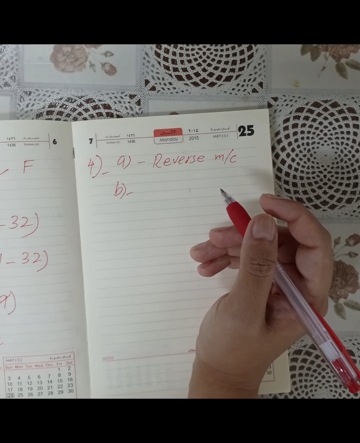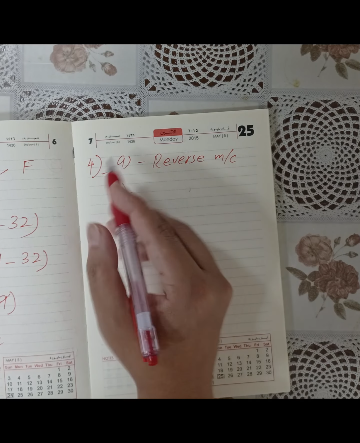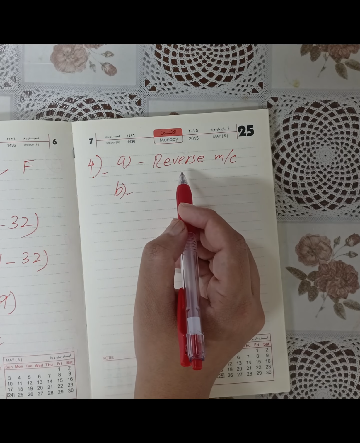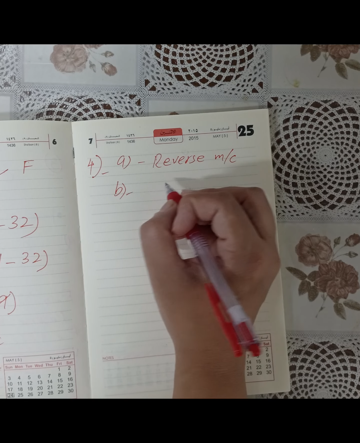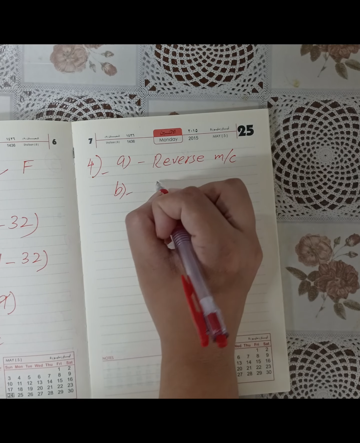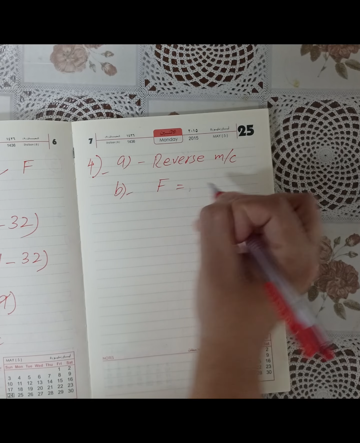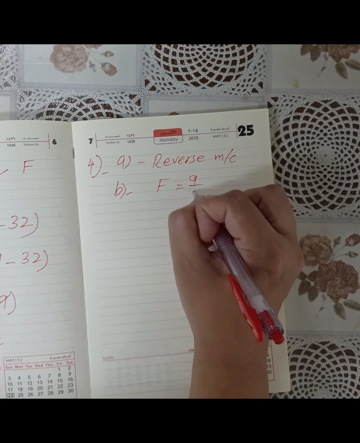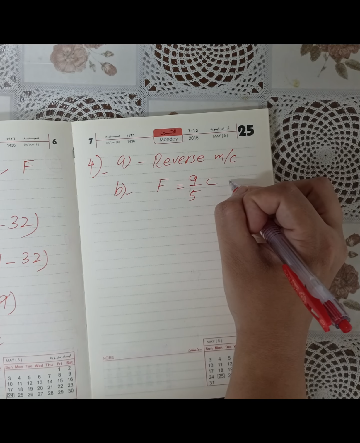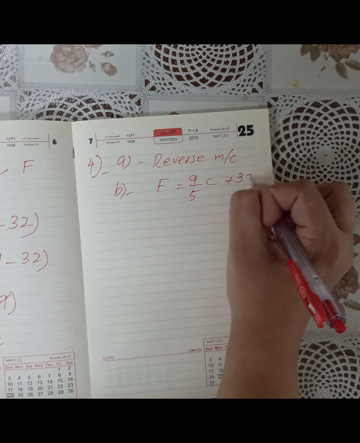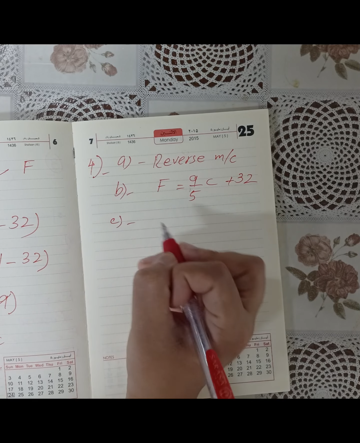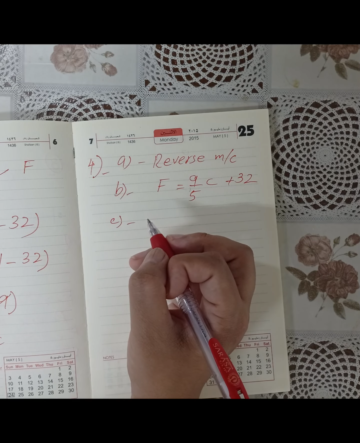So question number 4, part A, was to draw the reverse machine, and part B was to write the formula in rearranged form. I did it right now on the previous page.